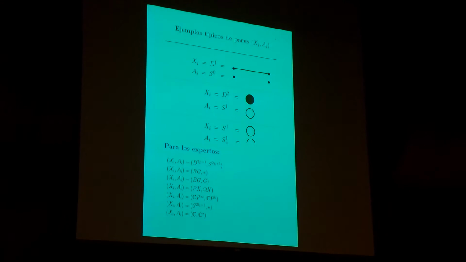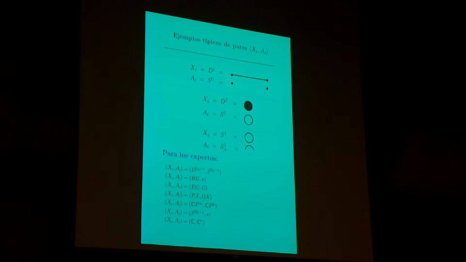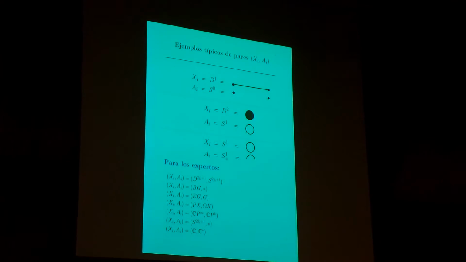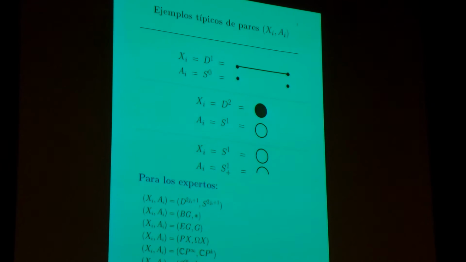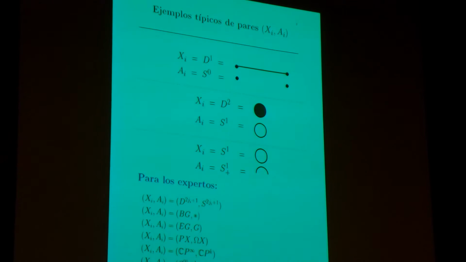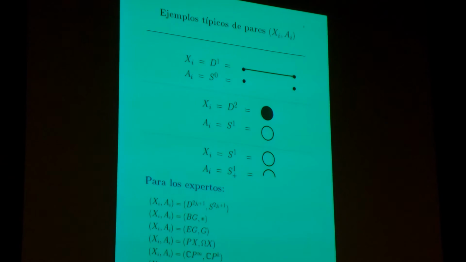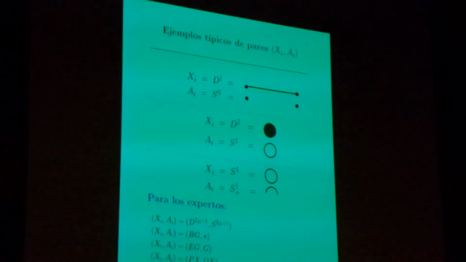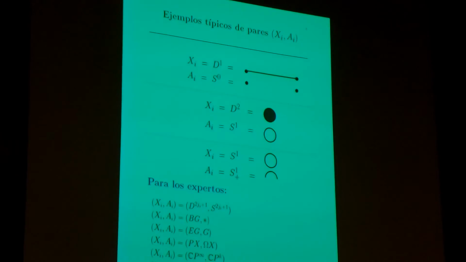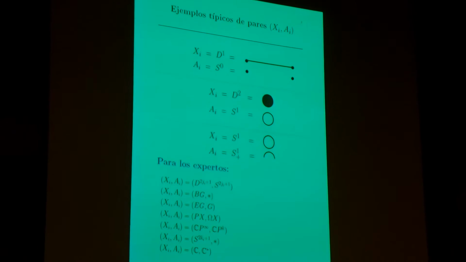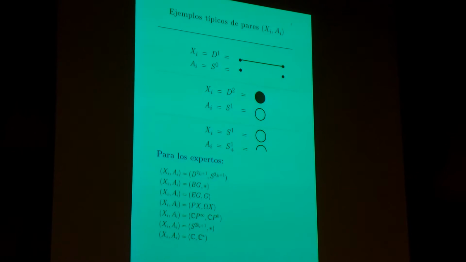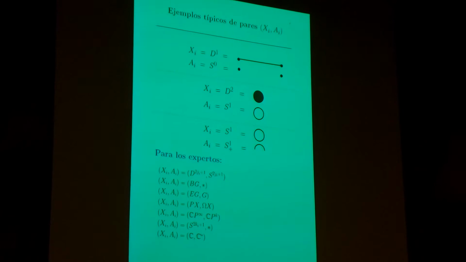Xi is a one-dimensional interval, and Ai are the boundary points. Xi is a two-dimensional disk, and Ai is the boundary circle. And the next one is I take the circle, and then the A is just the top part of the circle.